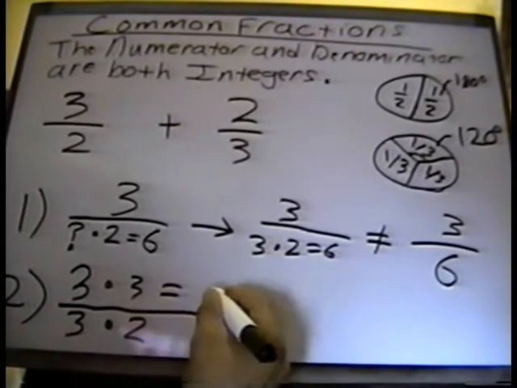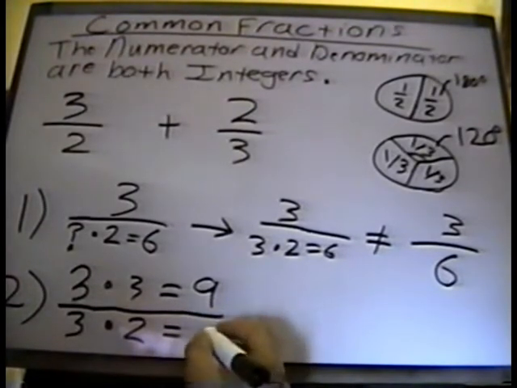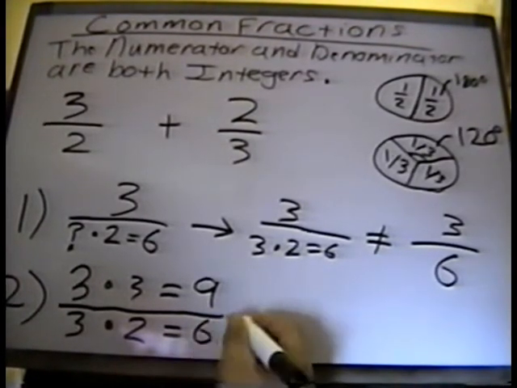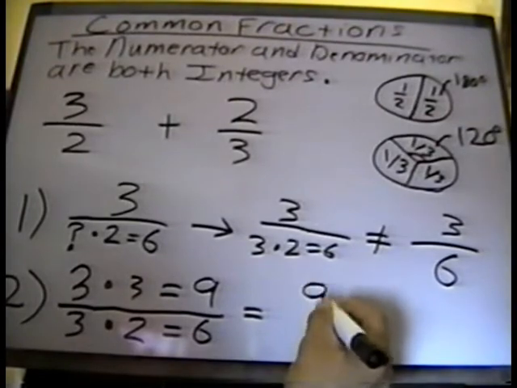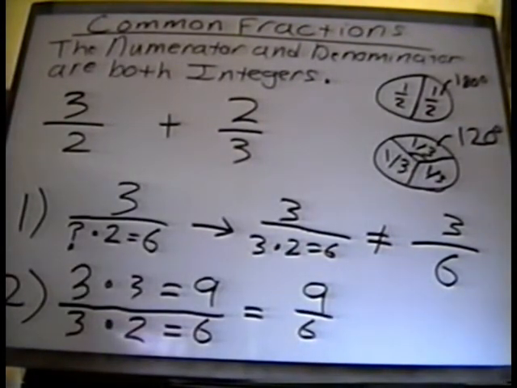And that's going to give you 3 times 3 is 9. 3 times 2 is 6. So that gives us 9 over 6. So 3 halves is equal to 9 over 6.